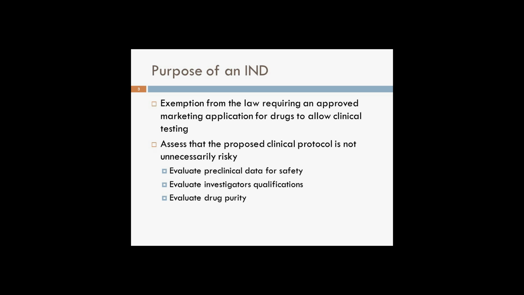But for an IND, the purpose is really just to make sure it's not too risky to be given to a human being. The FDA will evaluate preclinical data for safety. They'll look at the investigator's qualifications, and their intent is to look at the drug for purity. So that's what an IND application looks at, and I think that's a point to hammer home.